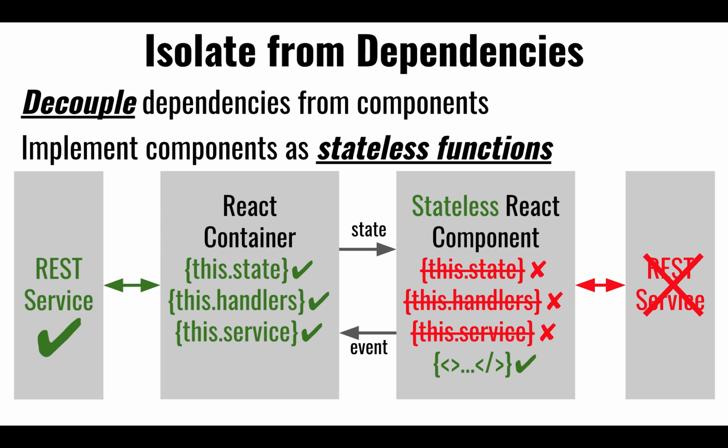Instead of using stateful React components, we're going to be using very simple stateless React components. The idea of being stateless is that they should behave just like a function. A function has no state. Whenever you call it, for the same input, you can expect it to always give you the same output.